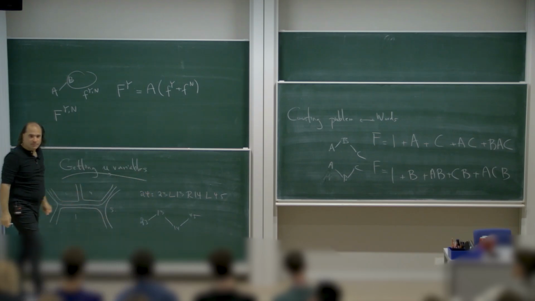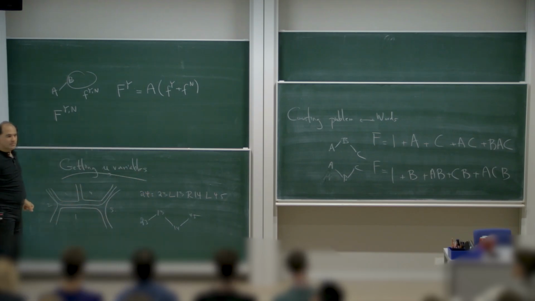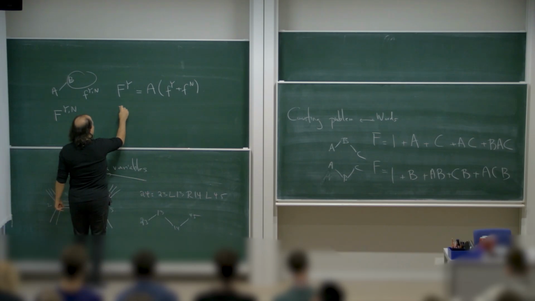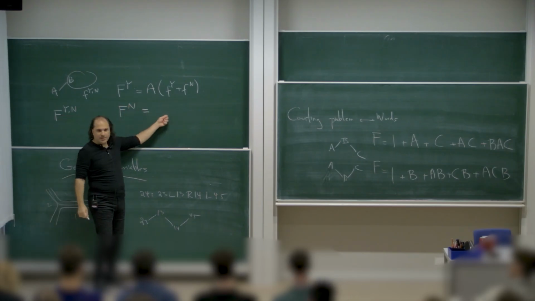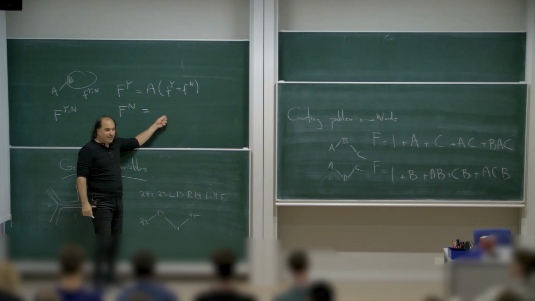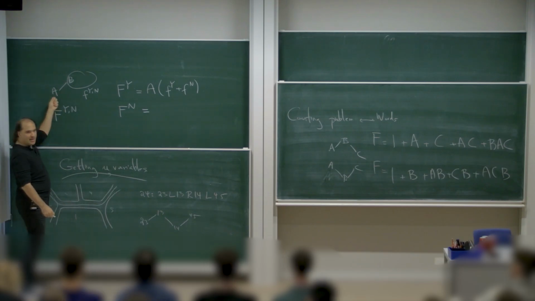Okay? Is that clear? On the other hand, if I don't choose A, well, I'm not going to have A here, right? But I definitely could not have chosen B, because if I choose B, I have to have A. Right?